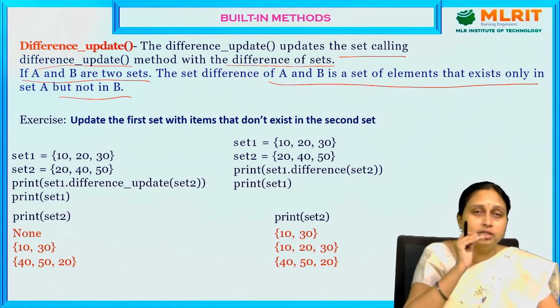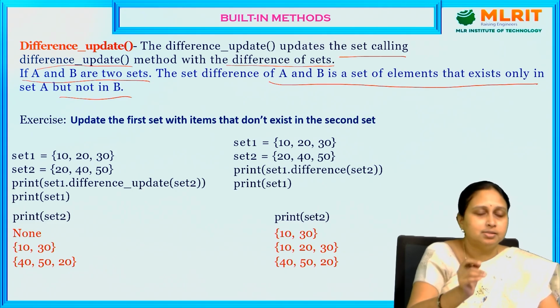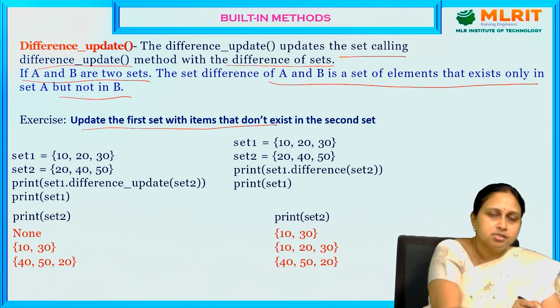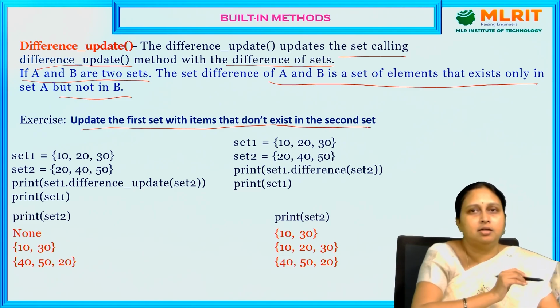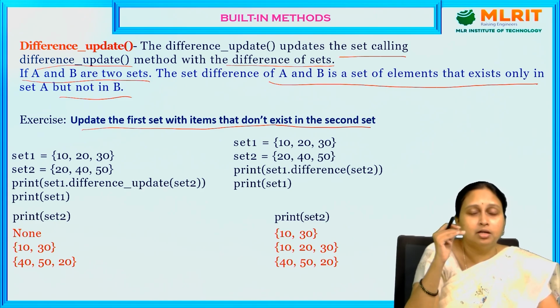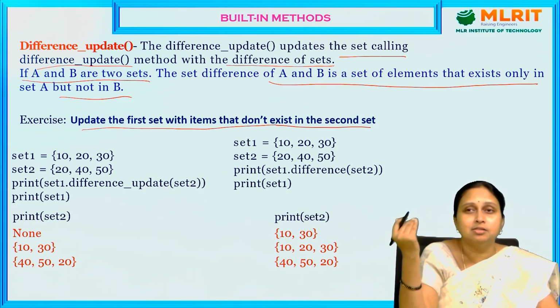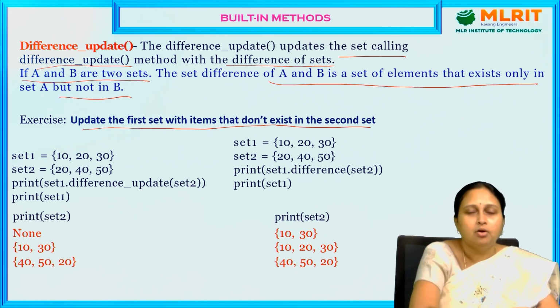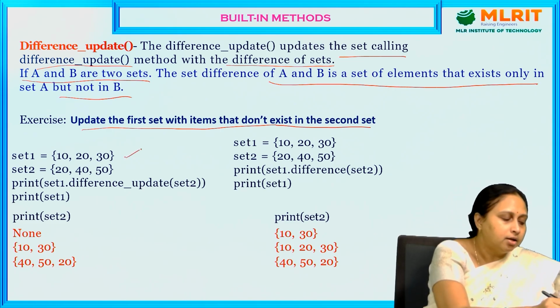Now, what is the difference update going to do? Let us see. Here, update the first set with items that do not exist in the second set. What we need to do is update the first set with the items that do not exist in the second set. That is what you need to perform, right? Here we are going to take two sets.